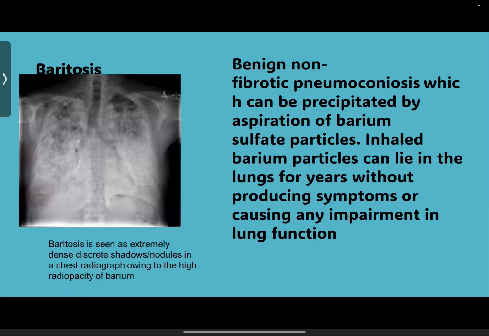Inhaled barium particles can lie in the lungs for years without producing symptoms or causing any impairment in lung function. Again, as you can see here, this patient has a large amount of barium. I don't know if this was from a procedure that he had, but as you can see, very involved bilateral lungs.